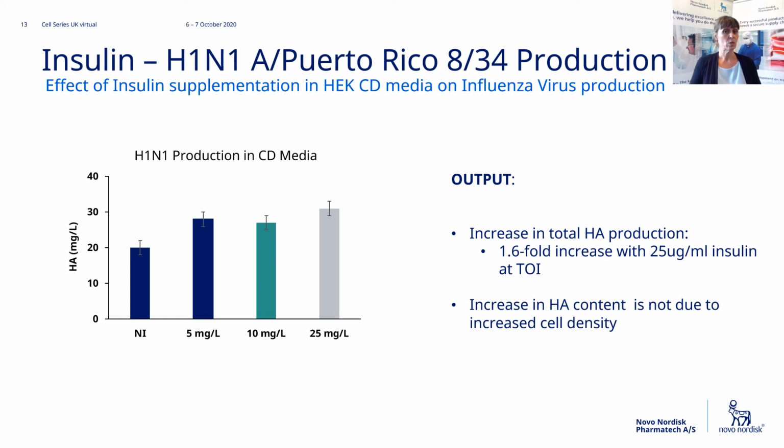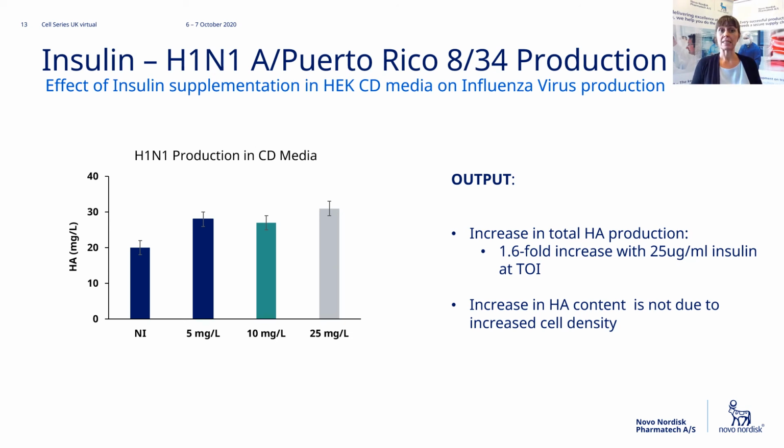The effect of insulin supplementation on CD media was also tested on influenza virus productivity. Infection was performed with a multiplicity of infection, an MOI, of 0.01, that means one viral particle for every 100 cells. H1N1 Puerto Rico 8/34 serotype was selected, and 3 different concentrations of insulin ranging from 5 milligrams per liter to 25 milligrams per liter were tested.